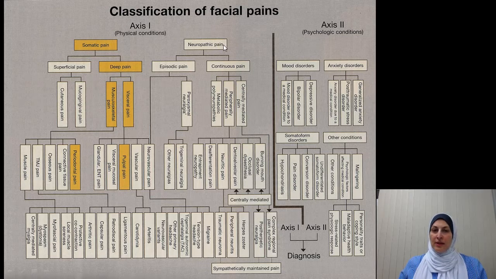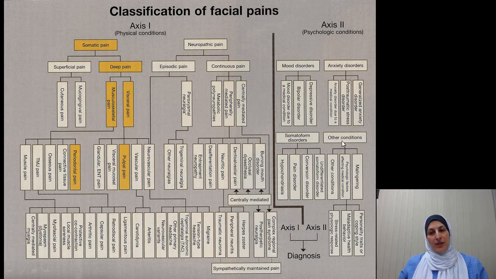Within axis 1, there is also neuropathic pain, which can be presented as either episodic or continuous pain. So in this lecture, we will, inshallah, present different types of pain that might affect the facial or orofacial area. We're not going to talk about the psychological conditions.